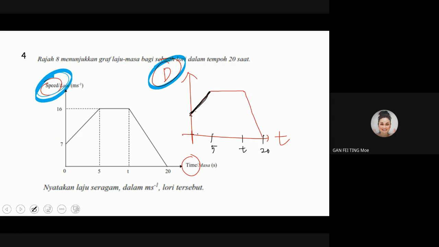At zero time, this fella is here. Let's say I put a figure, let's say this is 3. And at a certain time, let's say 2 seconds later, I am here. 5 seconds, I am here. This is distance.